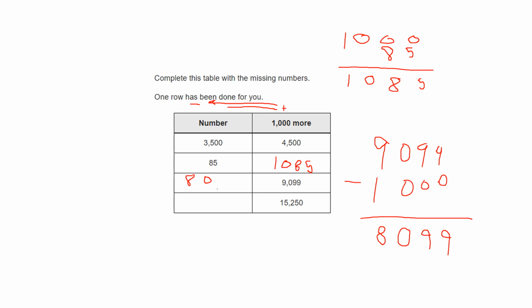Some of you may just be able to see that off the top of your head. And this time I've got 15,250. Now a little bit tricky, and you've got to make sure you're aware of your place value. I know that the 5 is in my thousandths place, so I'm going to take away 1,000.